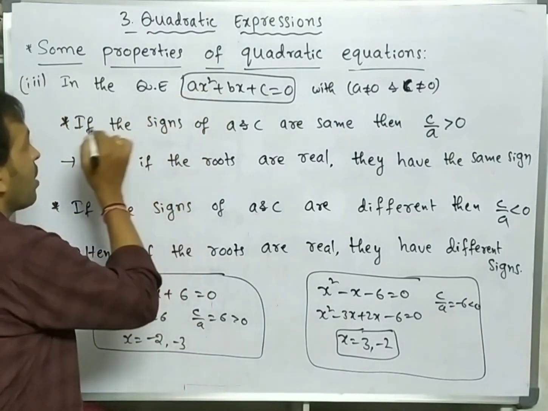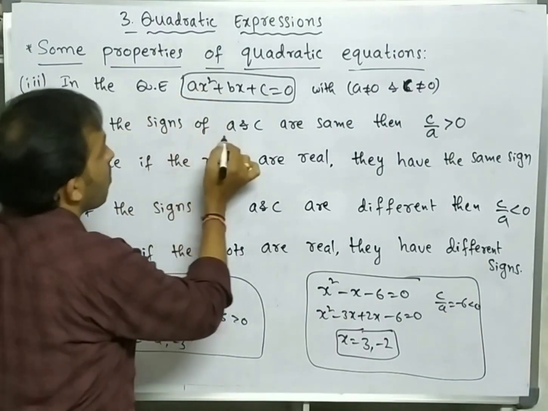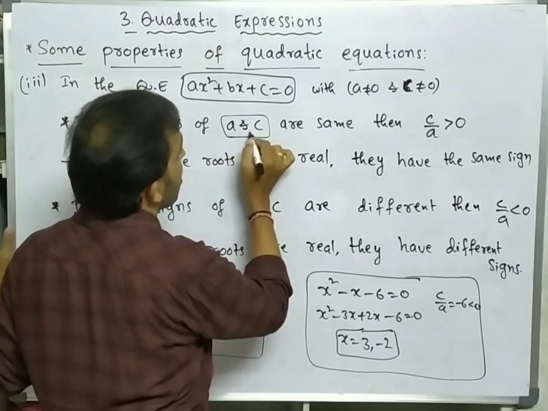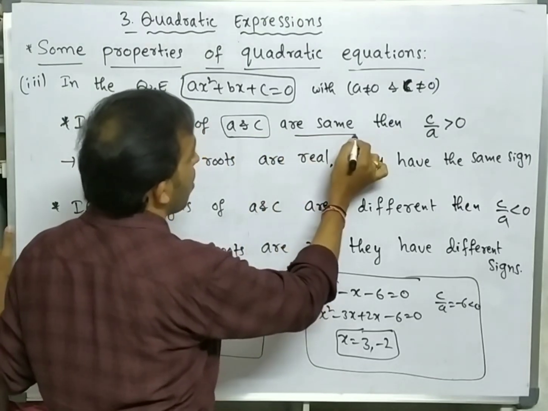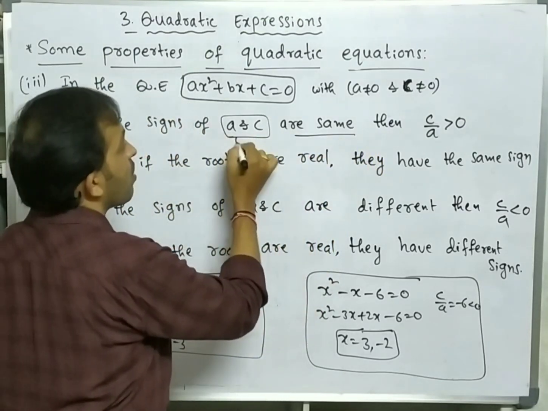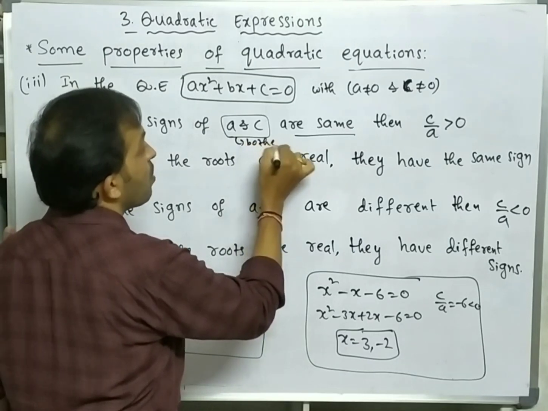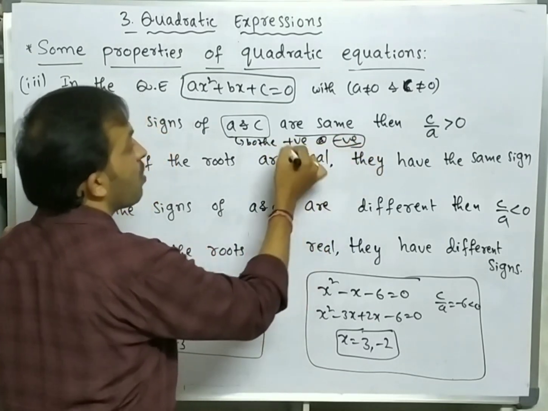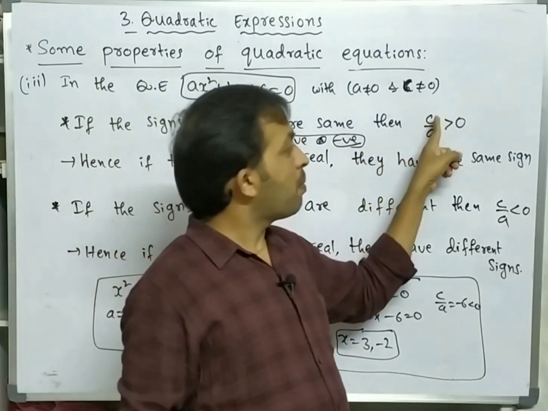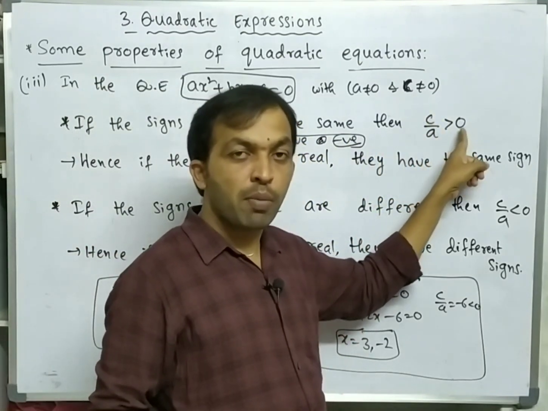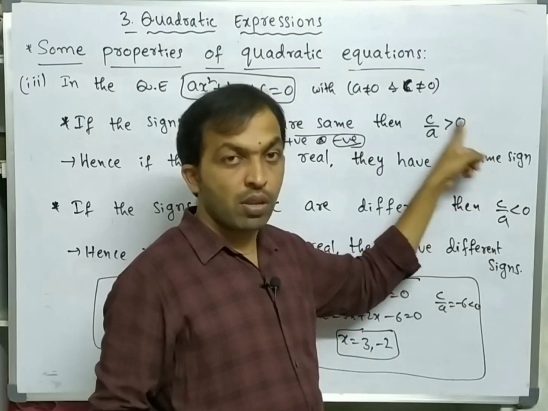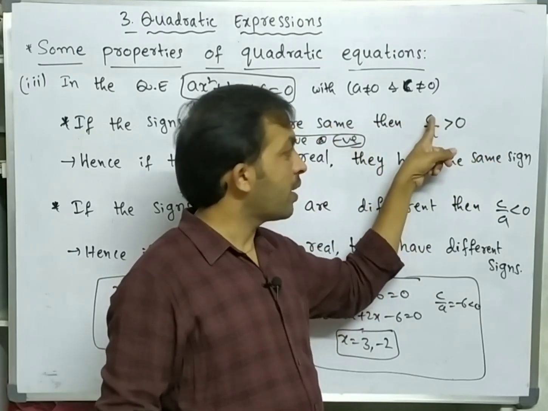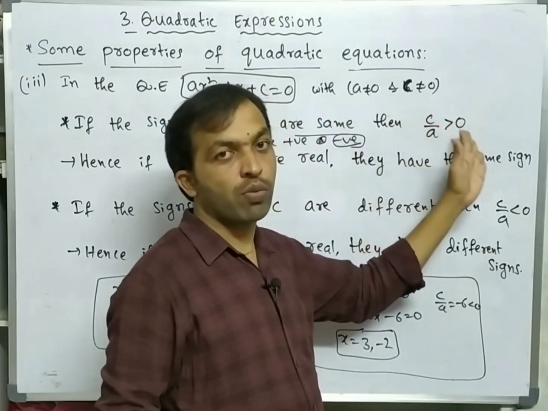In this case, if the signs of a and c are the same, meaning both are positive or both are negative. If both are positive, then c by a, positive by positive, becomes positive, greater than 0. If both are negative, negative by negative becomes positive only.